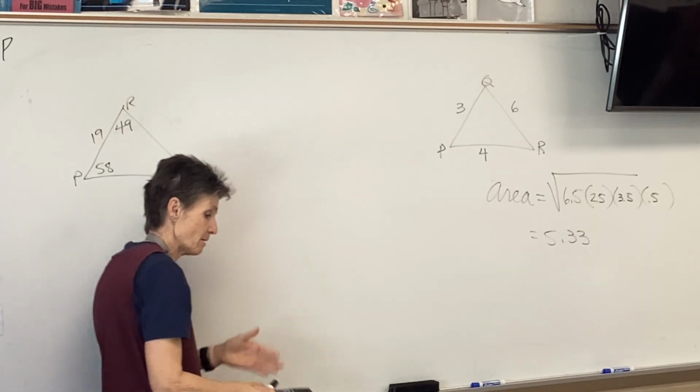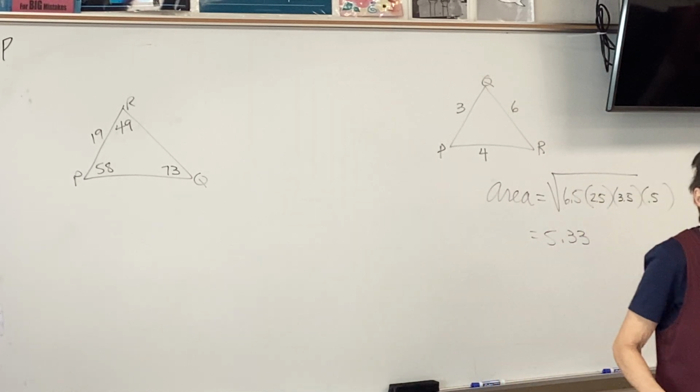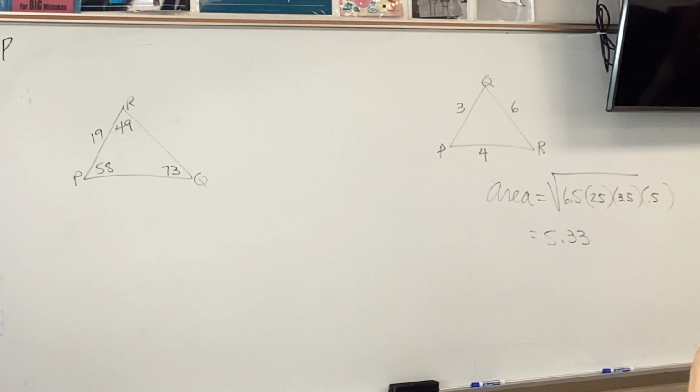I need to find the area of this triangle. What am I missing? I need 2 sides. I only have 1. So I'm going to pick a side and solve for it. Now how am I going to find that side?